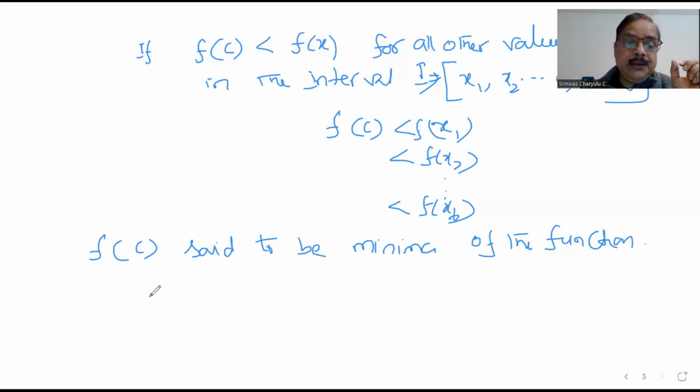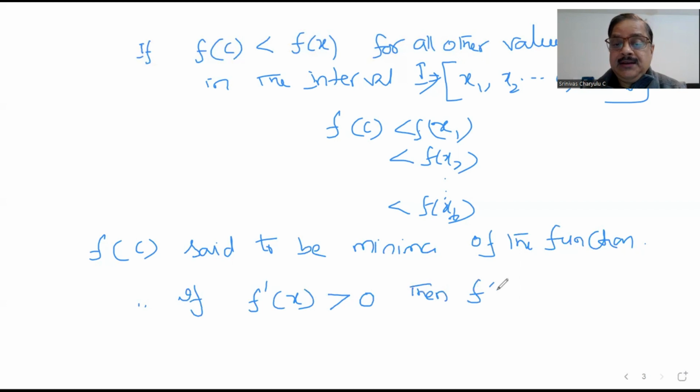For example, if f dash x is greater than 0, then f of x has a maximum in the journey.